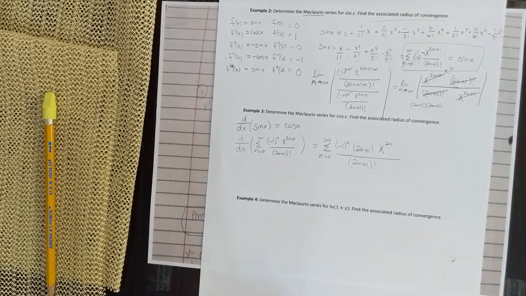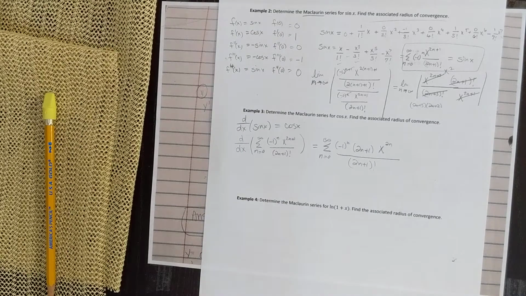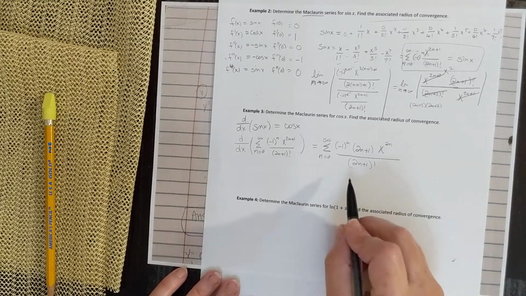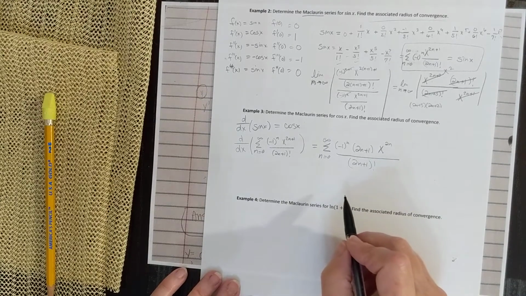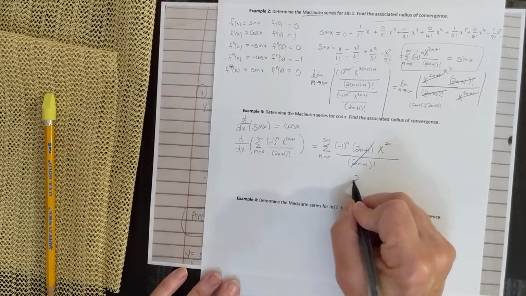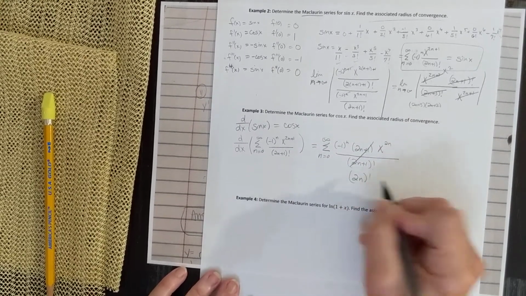Let me just see if I like this. Throw the power in front and then raise it to 1 less. Yep, I like that. Can we simplify this? We can. The factor (2n+1) factorial is 2n plus 1 times (2n) factorial, so I can make this cancellation, and this just becomes (2n) factorial.